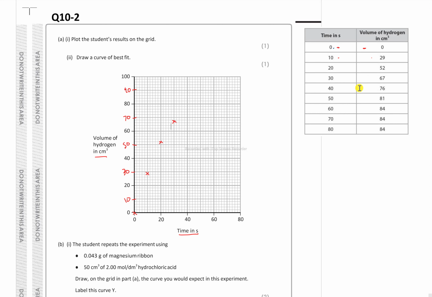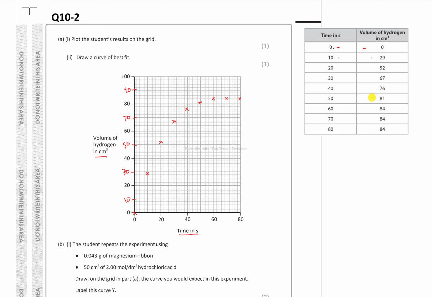At 40, 76. At 50, 81. That's about there. And then it's 84. 84 and 84.